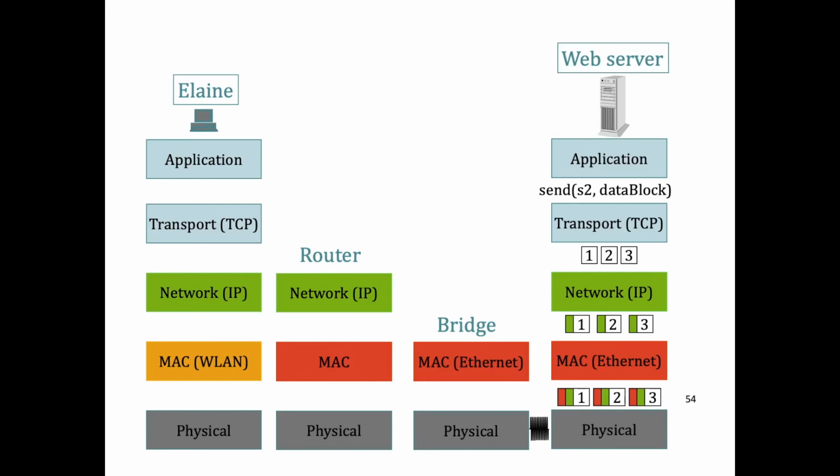We use some form of physical transfer, for example electromagnetic waves, and these packets are received by the bridge. So these are exactly the same packets that are here. The bridge forwards packets based on the MAC addresses. The bridge looks at the MAC frames, at the destination MAC address, and there is a forwarding table: I have to forward it to the router.